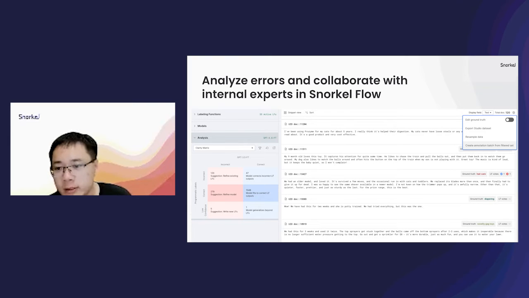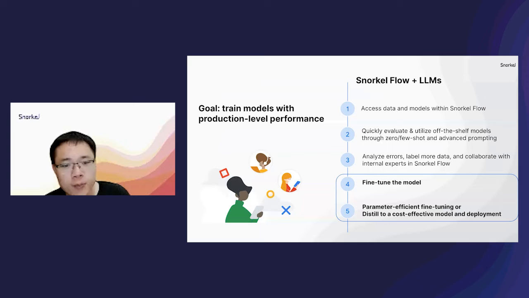You can also create custom annotation batches from these sets to collaborate with your subject matter expert, or ask them to provide some reasoning that you can then use to programmatically label your data. All of this can be supported inside Snorkel Flow. So I briefly touched on points 1 to 3. There's more to Snorkel Flow, but for the purpose of this talk, I'll focus on 4 and 5.